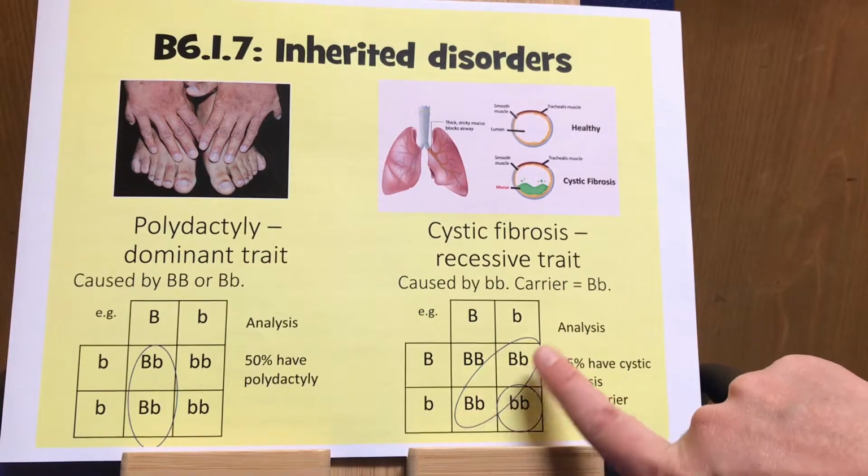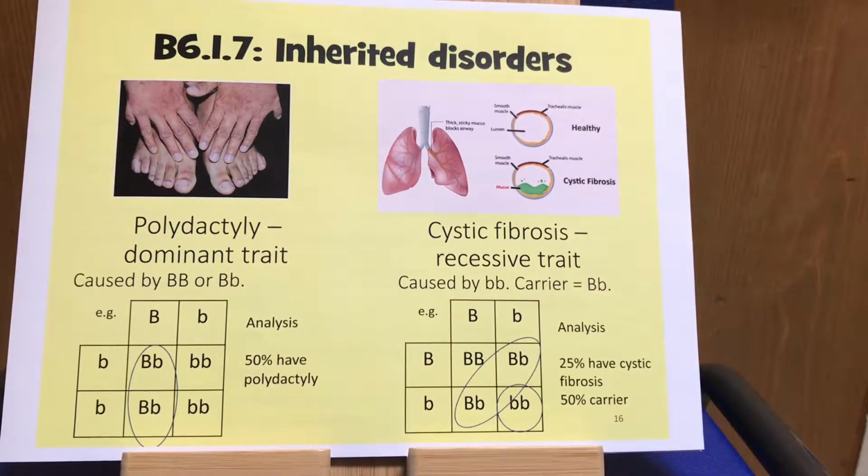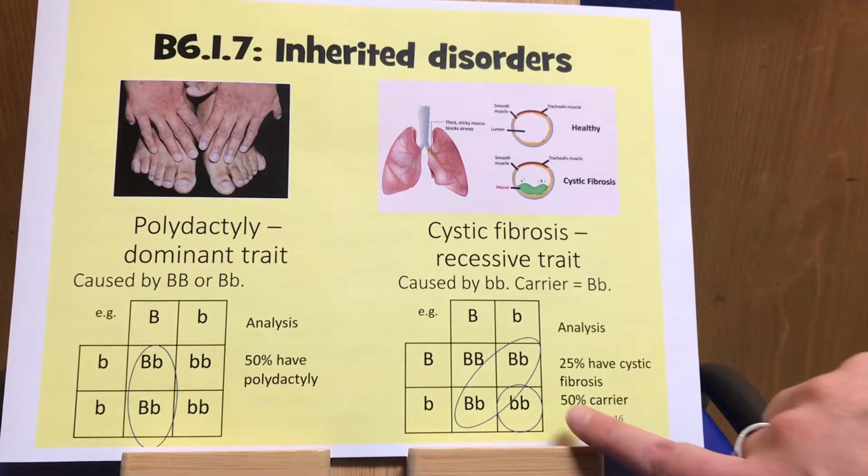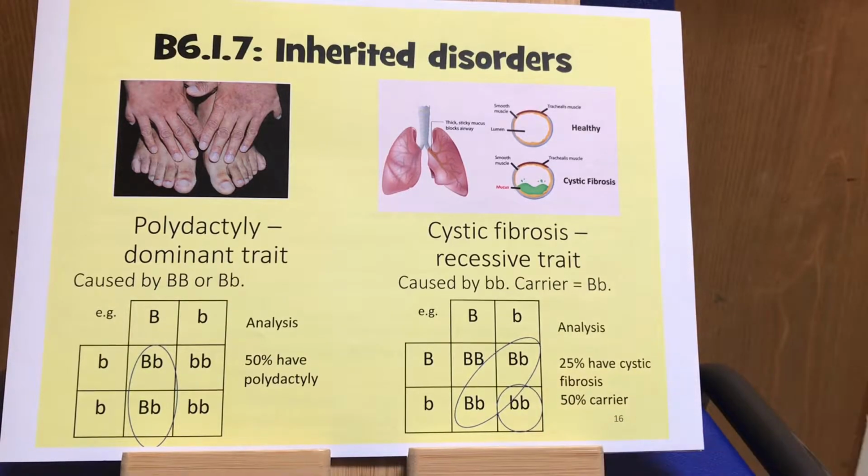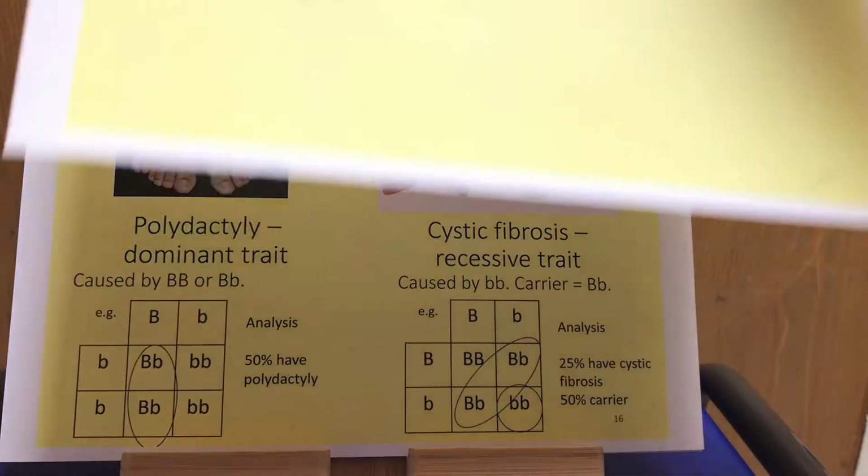We've got 50% here will have one of those cystic fibrosis alleles, which we know means that they are a carrier. And then we've got 25% down here will have cystic fibrosis. So if two people who are both carriers of cystic fibrosis have a child, the chance of them having cystic fibrosis is 25%. The chance of those offspring being a carrier themselves, 50%.